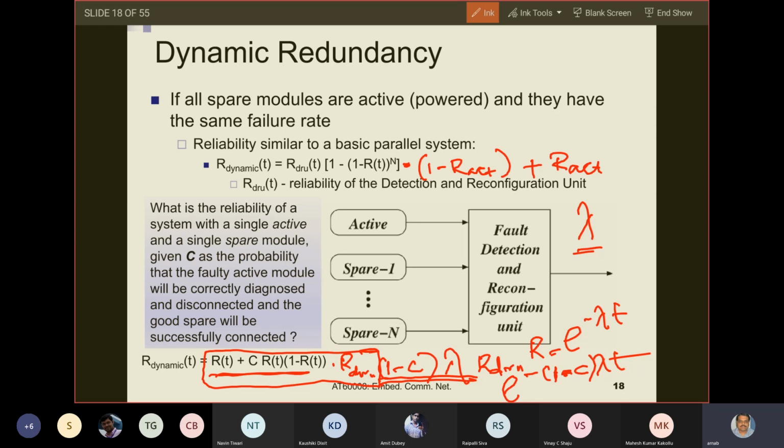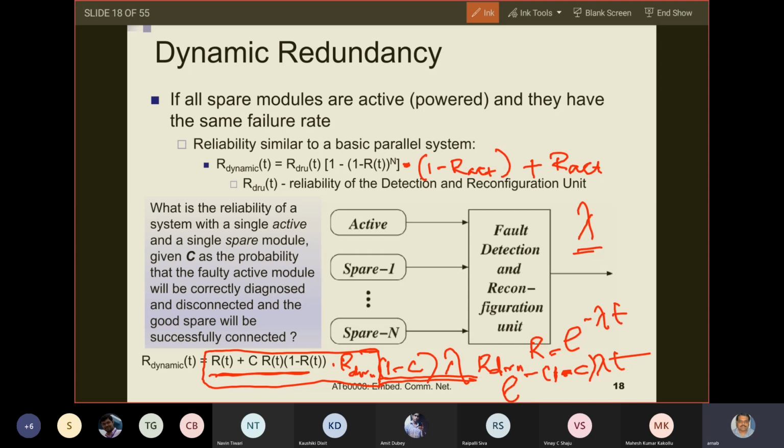Why? Because C is fine. C is the probability that the faulty active module will be correctly diagnosed, disconnected, and a good spare will be successfully connected. On what does this depend? It depends on the output that is produced by the active module. How does a fault detection and reconfiguration unit detect a fault? Based on the outputs provided by the active module. The outputs could be in such a range that you could not detect the fault. The fault detection unit will run some test based on what output the active module is producing, and based on that it will try to detect an error in the active.